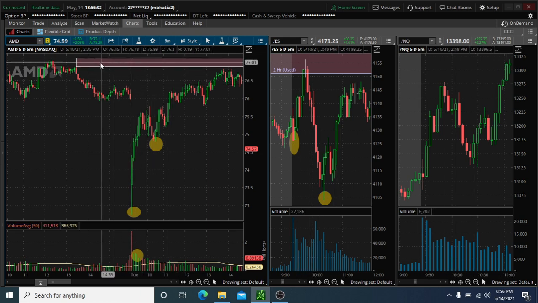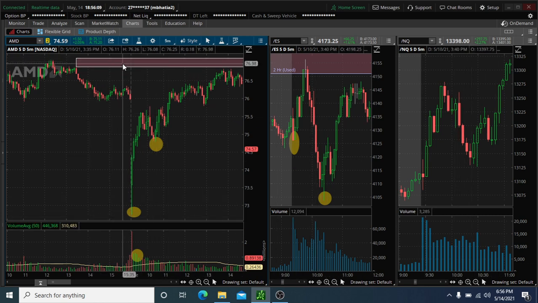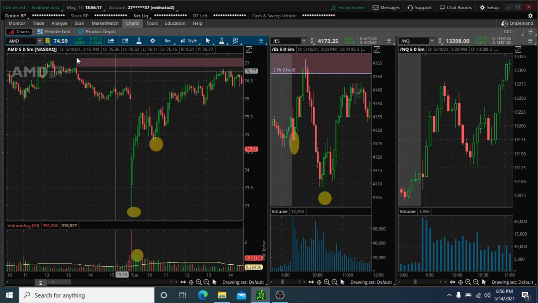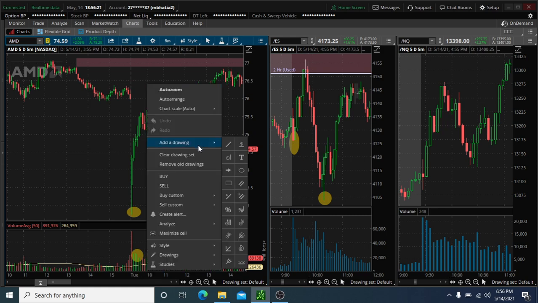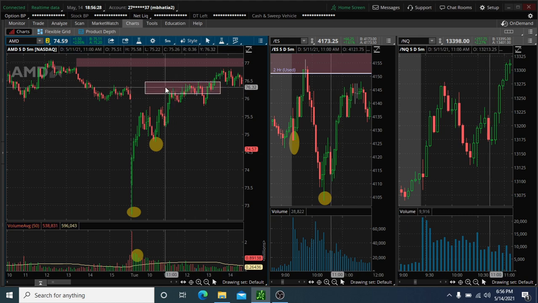So you can see that I just drew this out because it is Friday, so I don't have the zones drawn up perfectly, but I remember us having a supply zone. I think it was a 45-minute supply zone at 77 for AMD, so I just roughly drew that. But say for instance AMD had a supply zone at maybe 76.5.